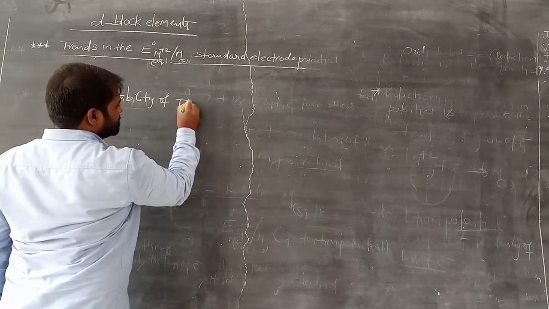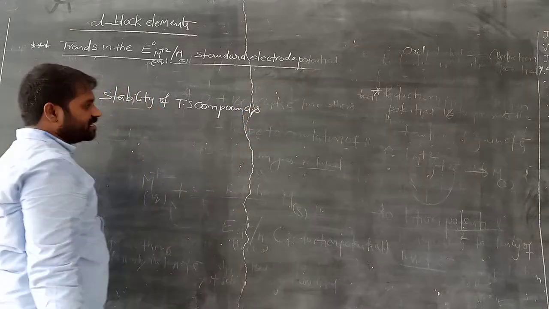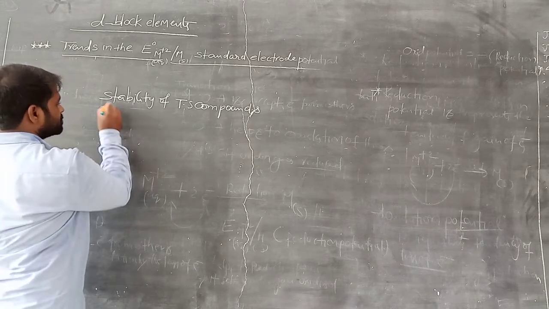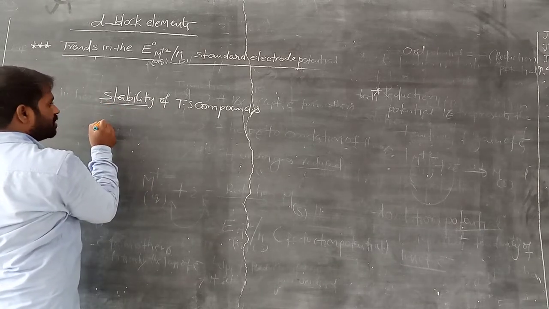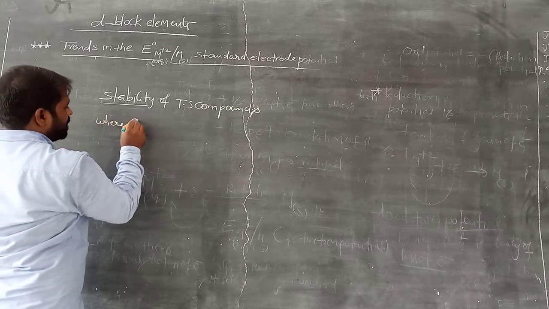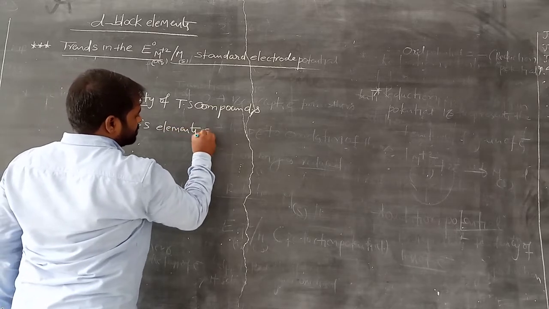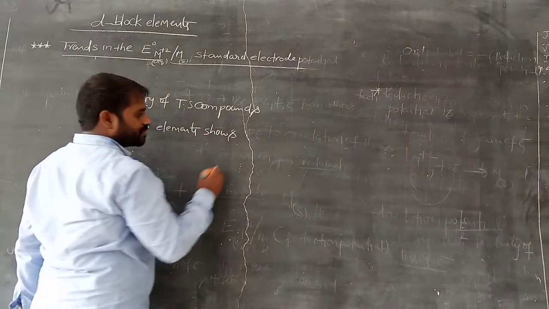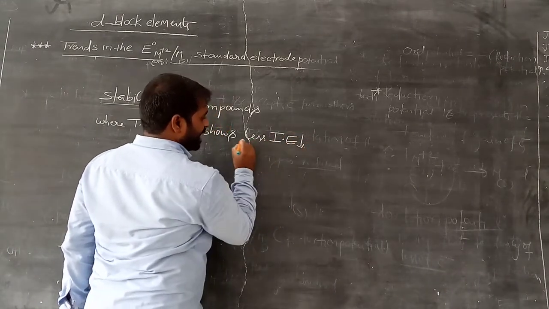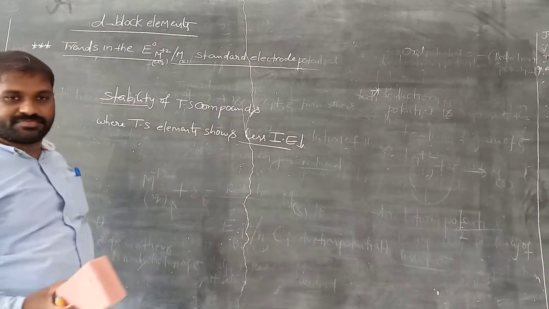Stability of transition compounds. That means the compounds which consist of transition elements like iron. The stability of the compound is where the transition element shows less ionization energy. If the ionization energy of the transition element in that compound is less, then the compound is stable.